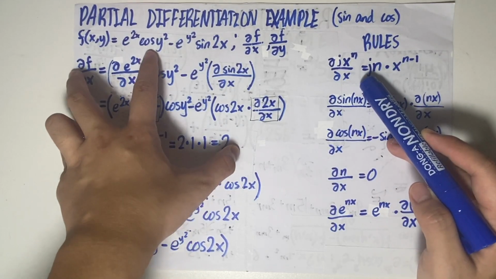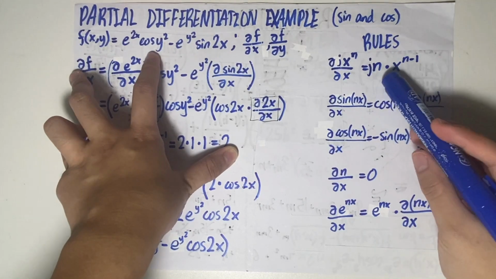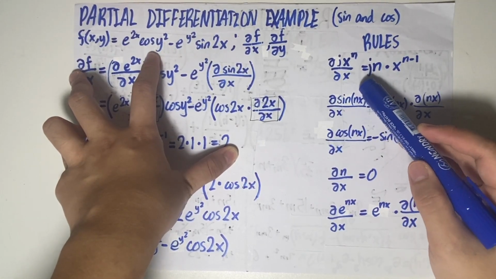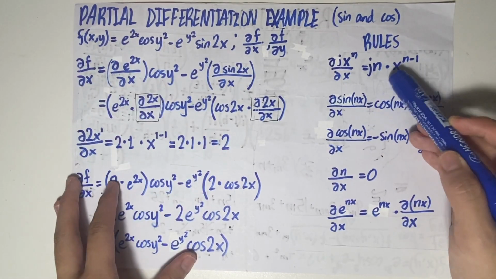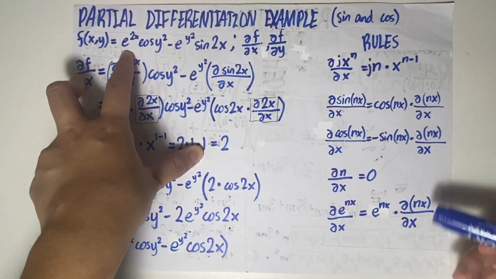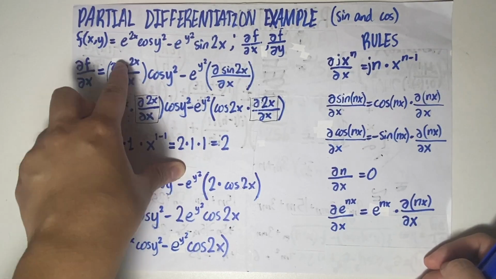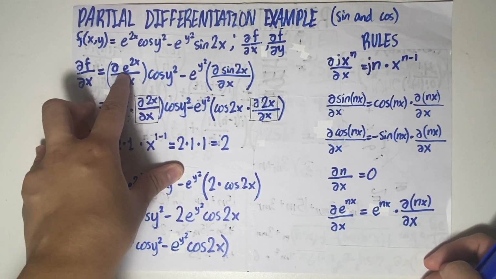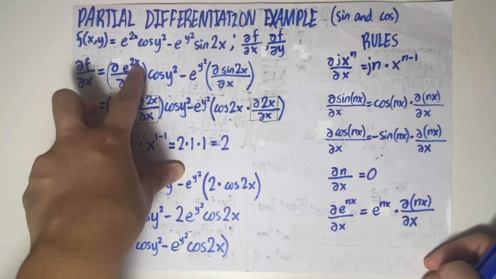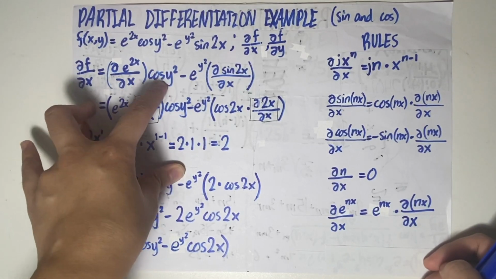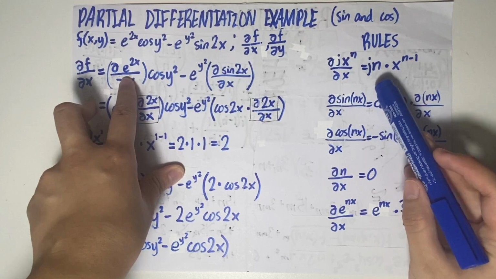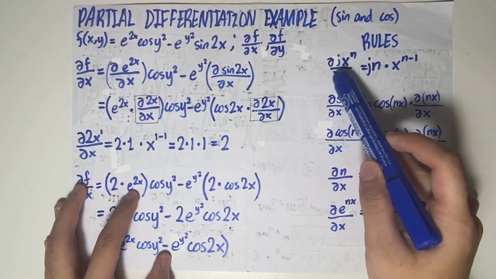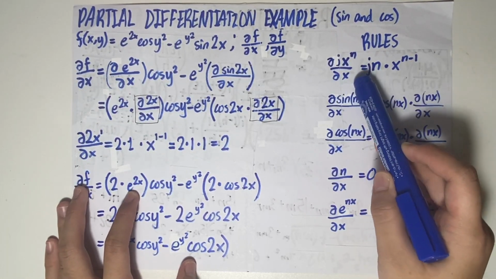So cosine y squared acts like this value j, where it is simply multiplied by the derivative of our value that contains x, which is why we derive it like this, e to the power of 2x. You could, if you wanted to, include cosine y squared in this bracket, but it would just act in the same way as j does in this rule.